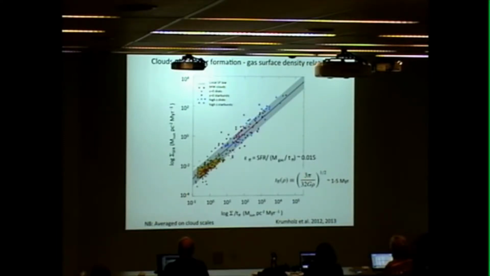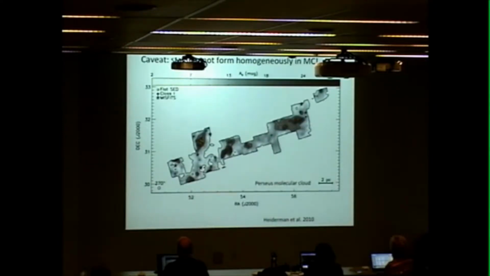The big caveat is that even if you look at molecular clouds, so that's observations of the Perseus molecular cloud, with the scale given here by Heiderman et al., what you see is that stars do not form everywhere in the molecular cloud. Even if you reach these high densities of molecular cloud, star formation does not happen everywhere.